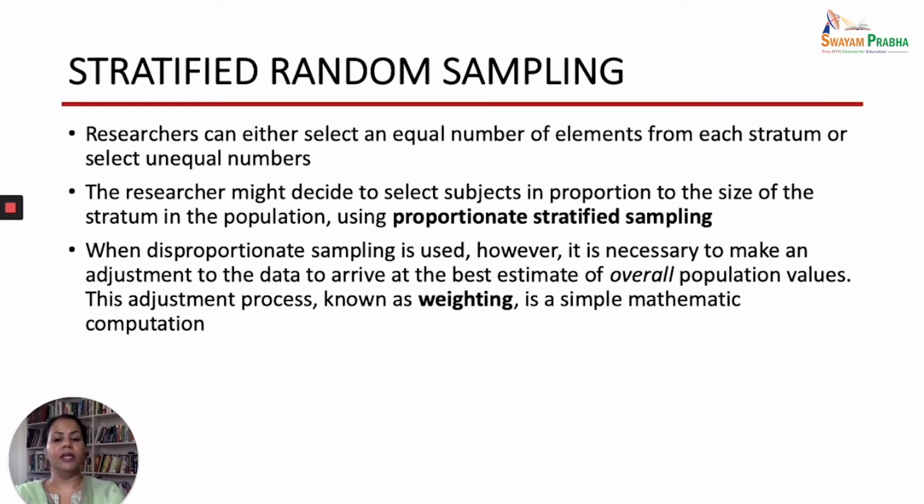Then we may inform that in the population the representation of this particular segment was like this, and in our sample it was like this, and this adjustment has been made, and because of that the conclusions are made based upon the adjustment or weighing of a particular segment in the population.